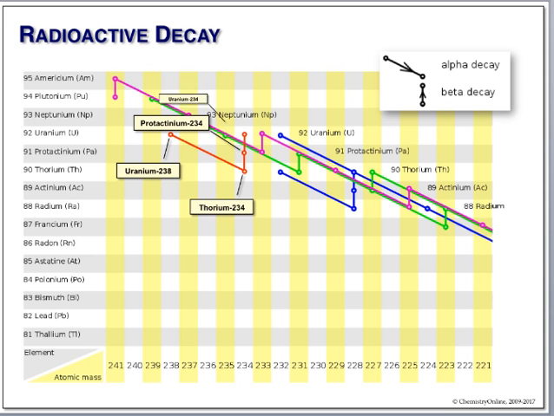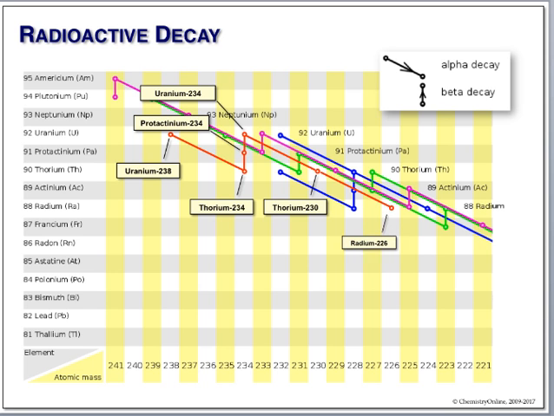This then loses another beta particle, and we're back to uranium. This can now lose an alpha, and we're at thorium. Lose another alpha, we're at radium. Lose another alpha, and we're at radon.